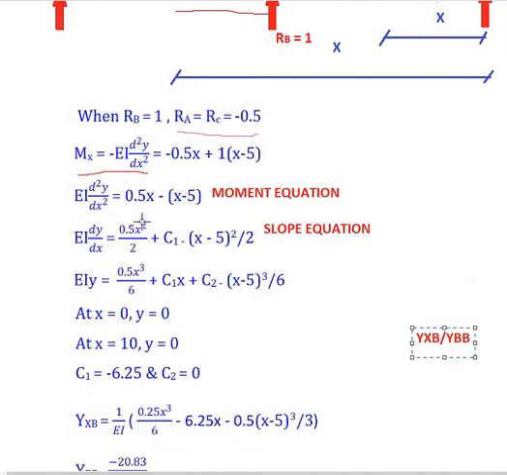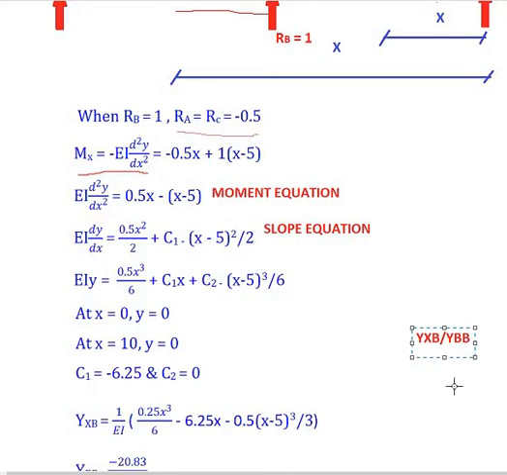On integrating this x squared, we will get x cube divided by 3, and 3 into 2 becomes 6. On integrating this constant C1, we will get C1 into x plus another constant C2. On integrating x minus 5 whole squared, we will get x minus 5 whole cube divided by 3, and that 3 and 2 becomes 6.